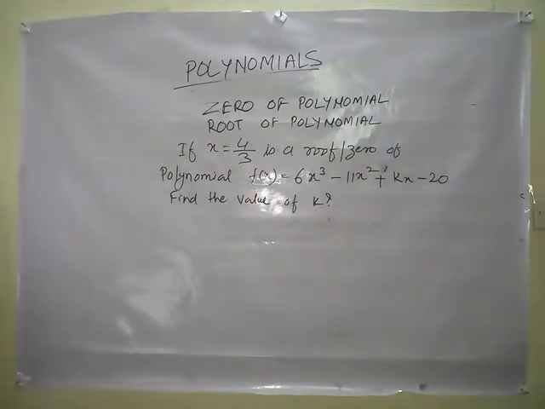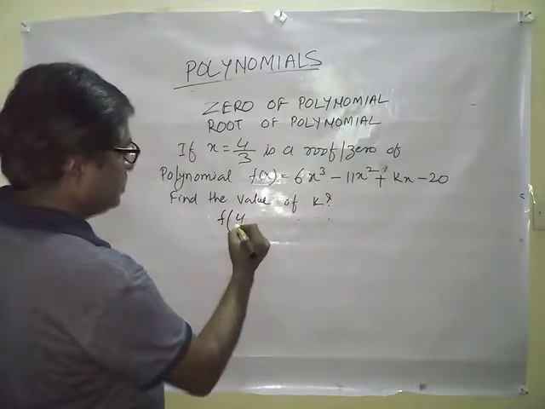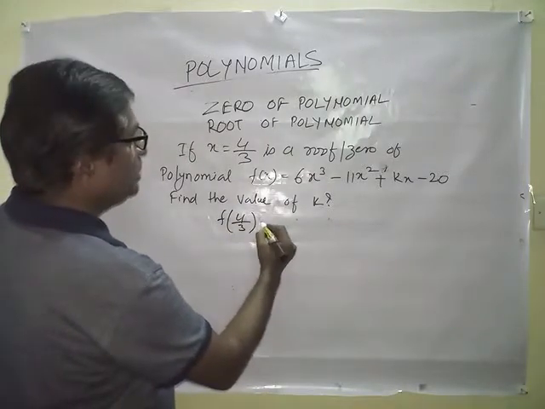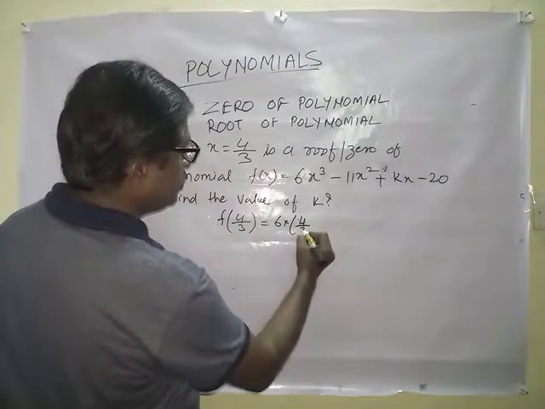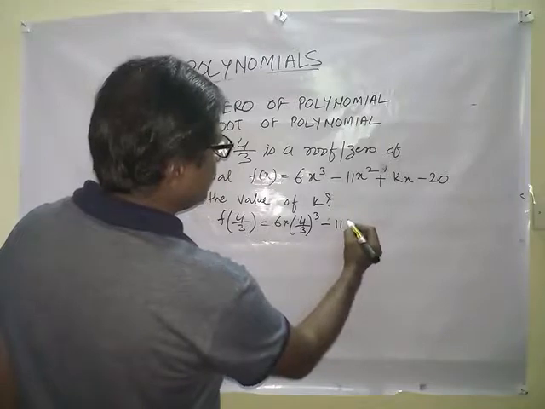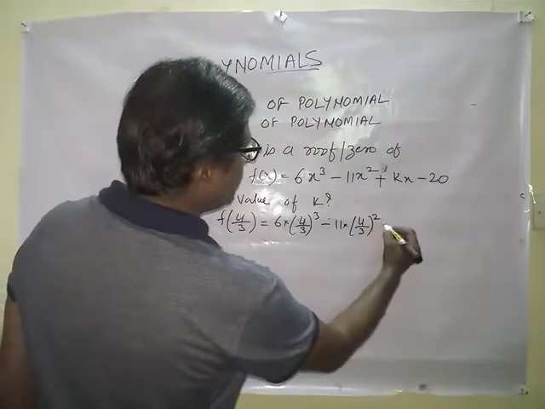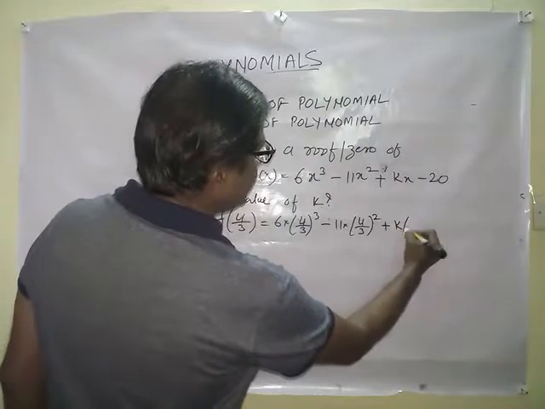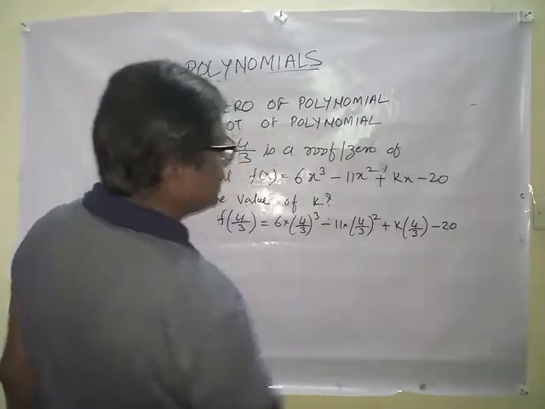Okay, so f(4/3) is equal to 6 multiplied by (4/3) cube minus 11 (4/3) square plus k (4/3) minus 20.